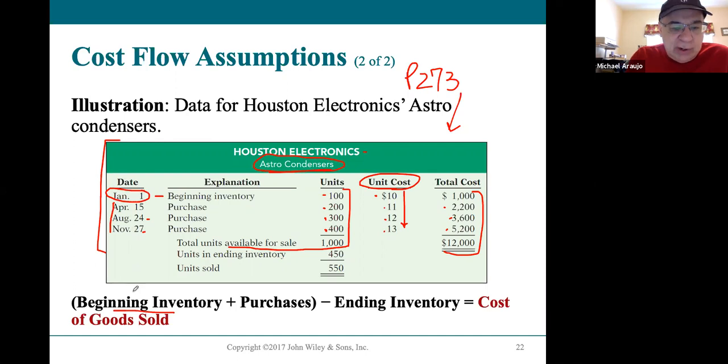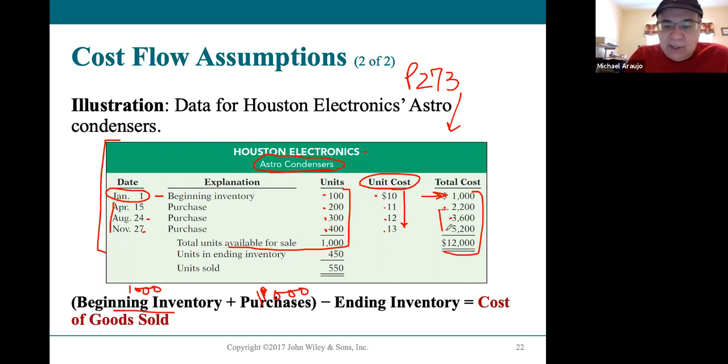So in January, they started with $1,000 of inventory. Okay, that's this piece here in January. They purchased $11,000 worth of inventory over the course of the year.